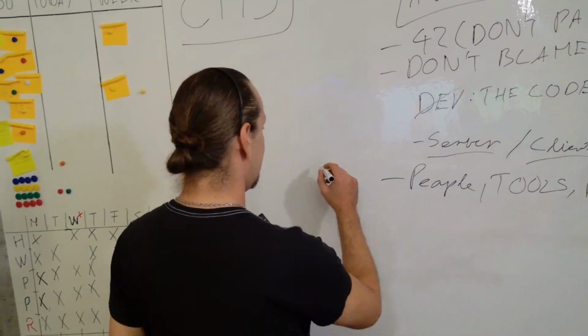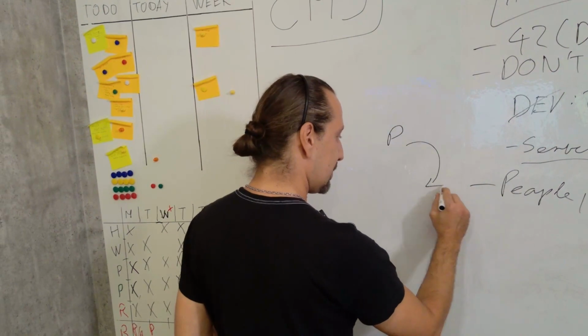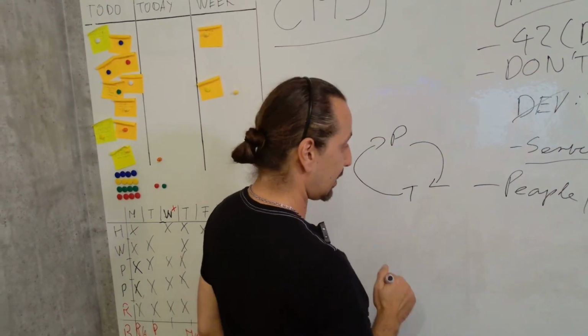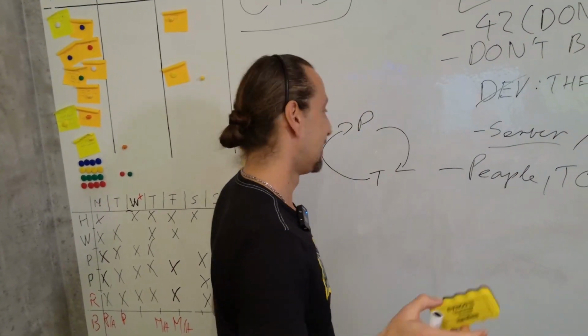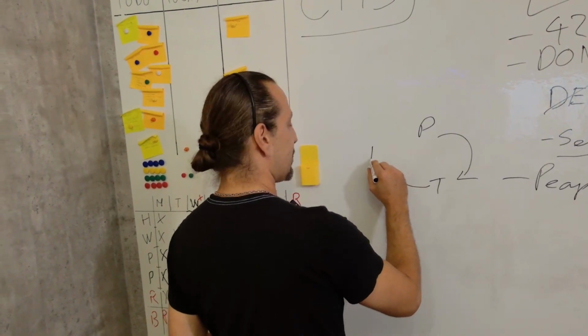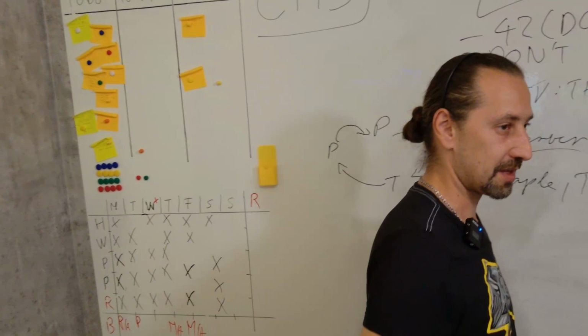So this is people, tools, processes, so this is an infinite cycle.